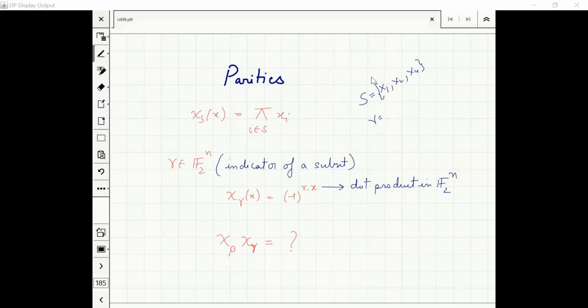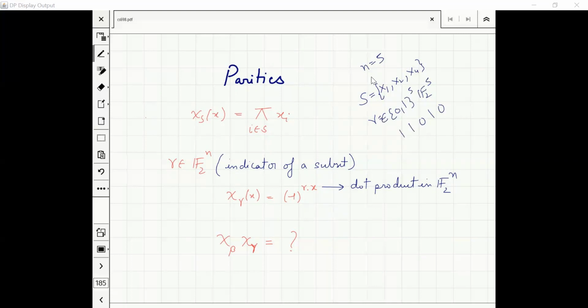Let's say there are 5 variables. Gamma is going to be an element of F2 to the power 5. So put x1, x2, x4 as 1: 1, 1, 0, 1, 0. Correct? This is the indicator vector for S.